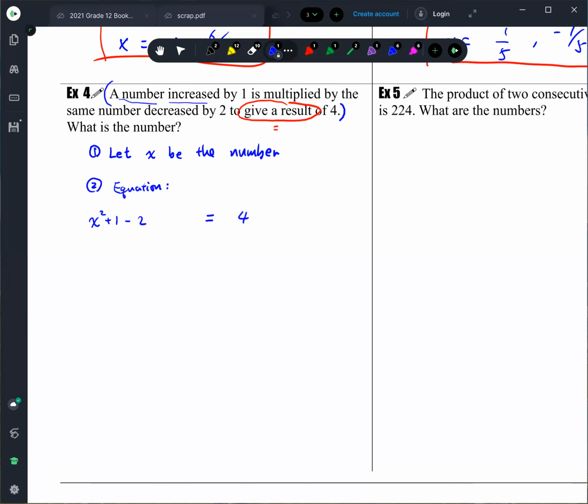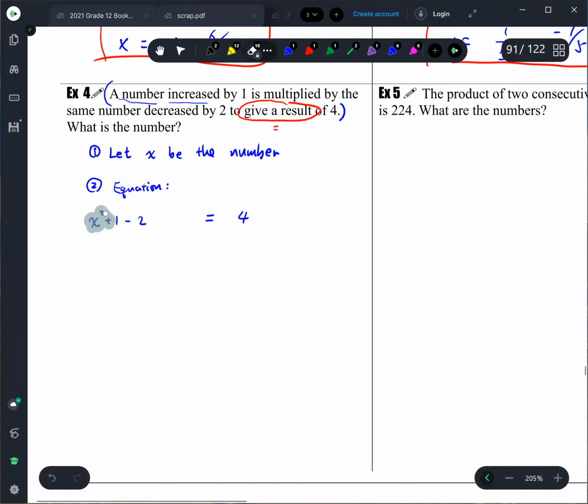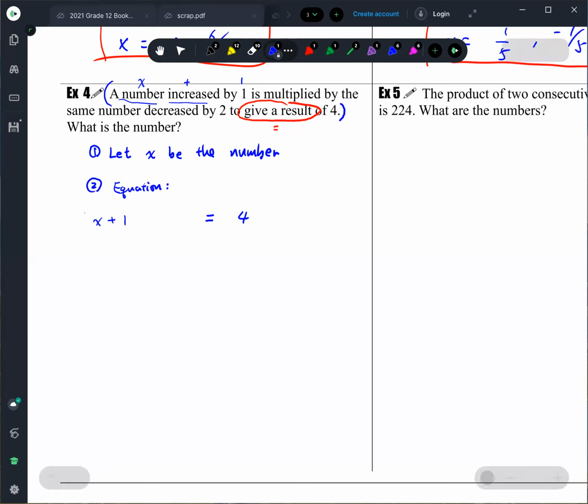Okay, so we can break it down into two parts. A number, like you said, you are right. A number means the x. Increase is plus. Increased by 1, so x plus 1. That's one part. That part you should put together in brackets. A number increased by 1, that whole thing is together.